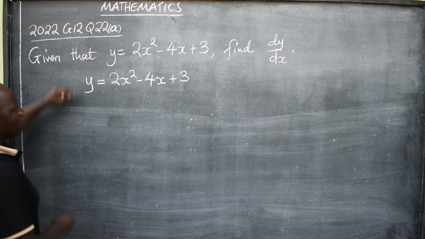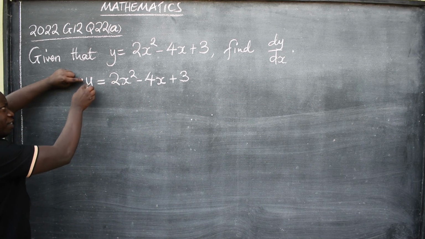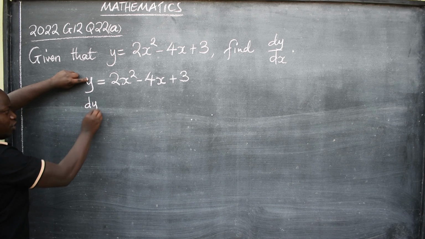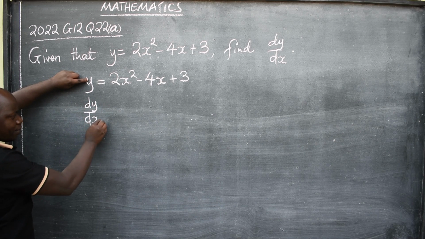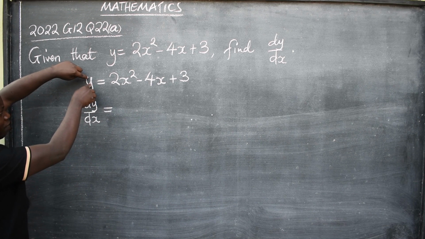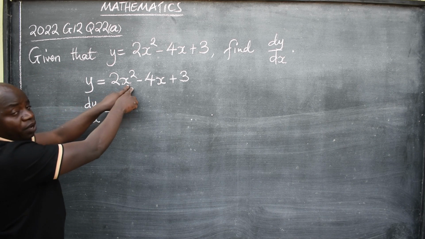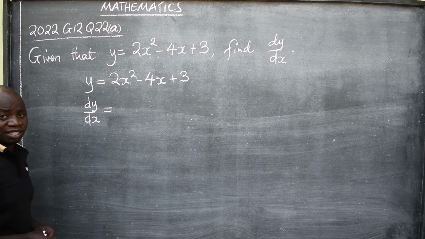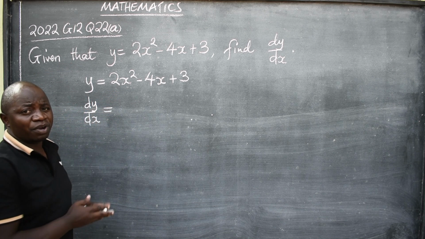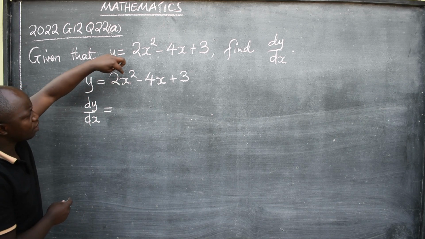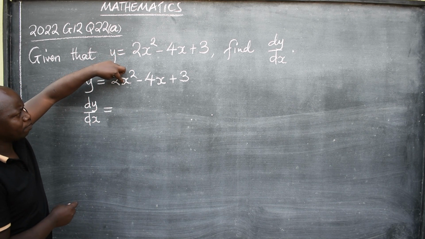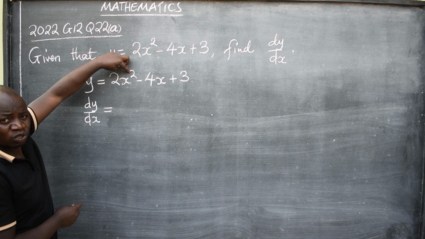How do we go about it? To differentiate y, you are going to say dy/dx is equal to, you are differentiating y with respect to x. Look at the way I'm doing it. Have you seen the power? x to the power 2.